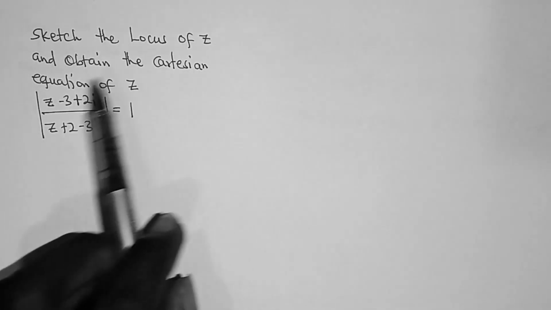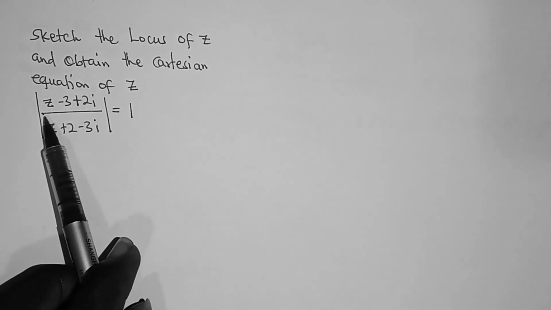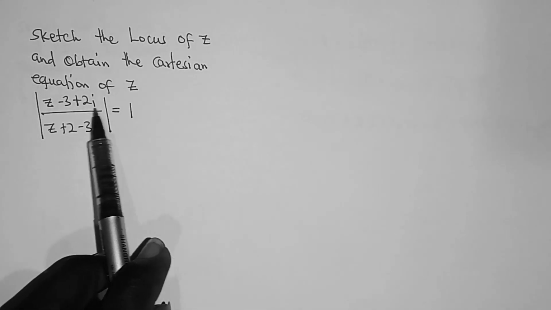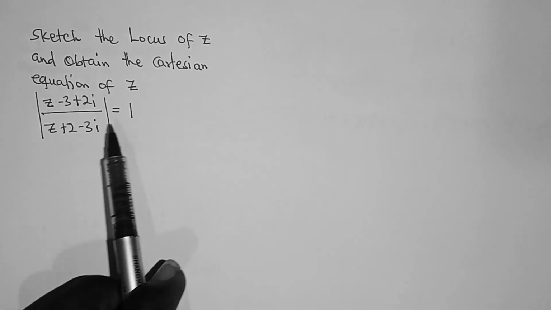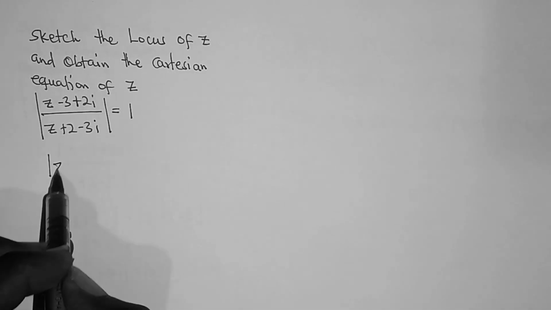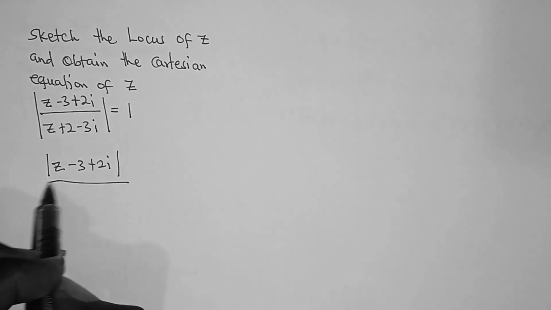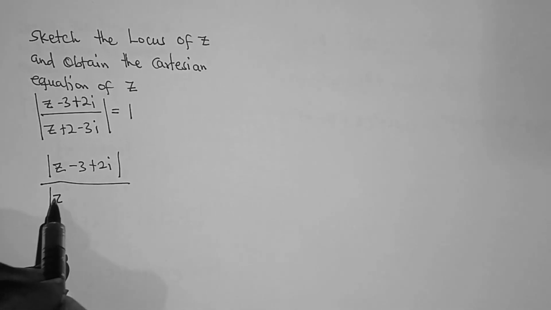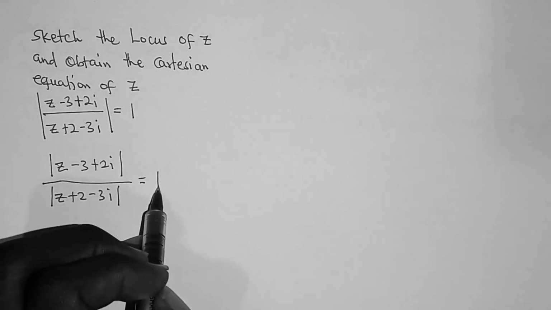Sketch the locus of z and obtain the Cartesian equation of z. The modulus of z minus 3 plus 2i, all divided by z plus 2 minus 3i equals 1. So this can be written as the modulus of z minus 3 plus 2i divided by the modulus of z plus 2 minus 3i equals 1.